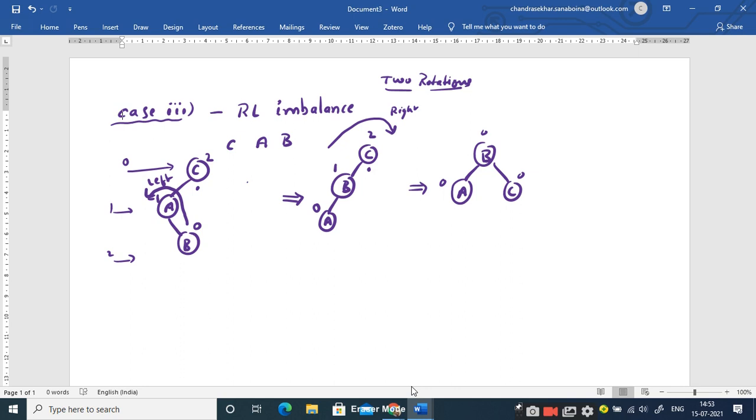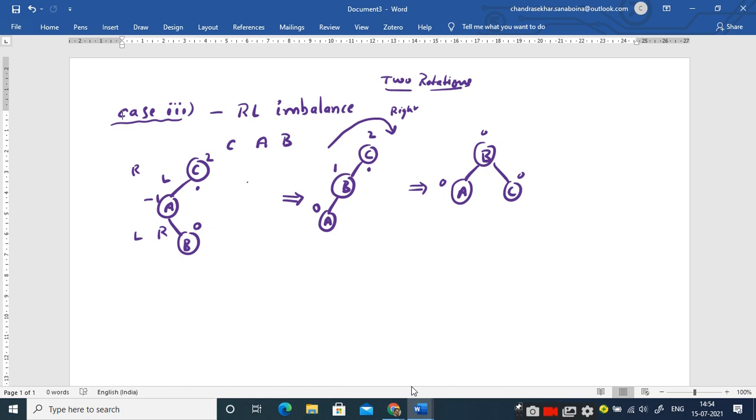Yes, sir. So if you consider what type of rotation it is, first of all it is left and this is right. Therefore for this left you are applying right and for this right you are applying left. Therefore it is the RL rotation.